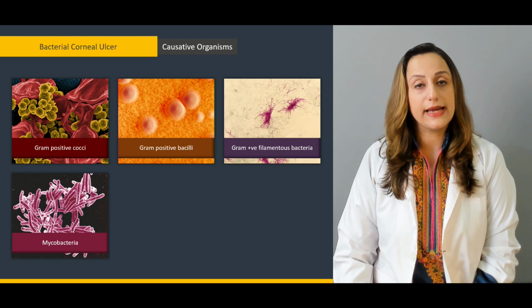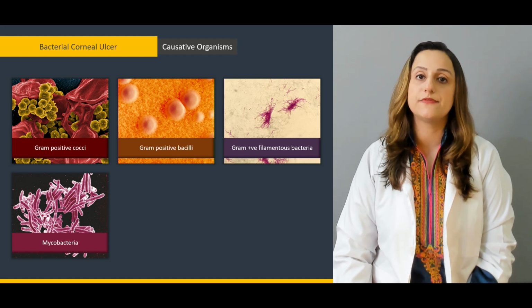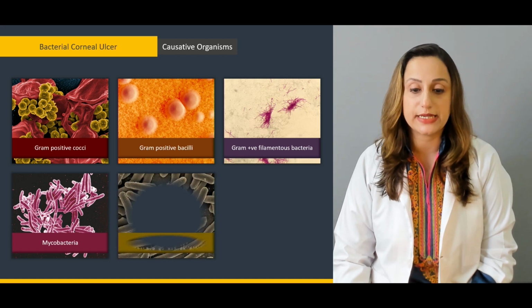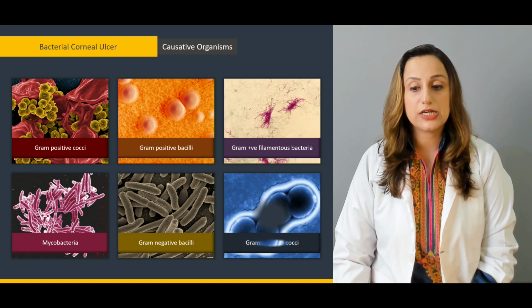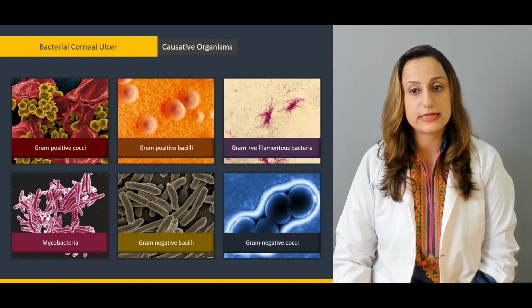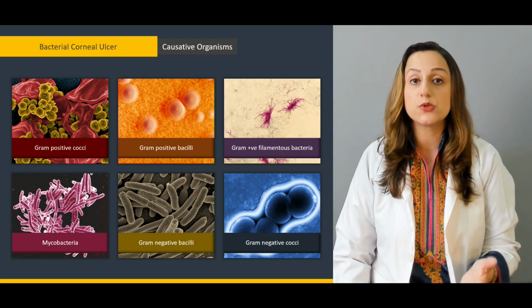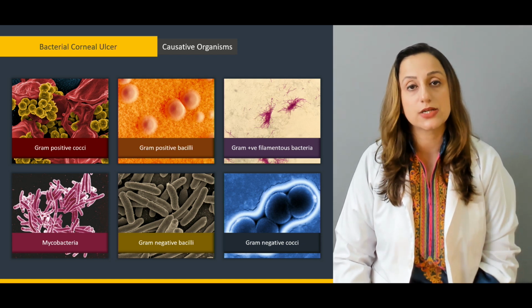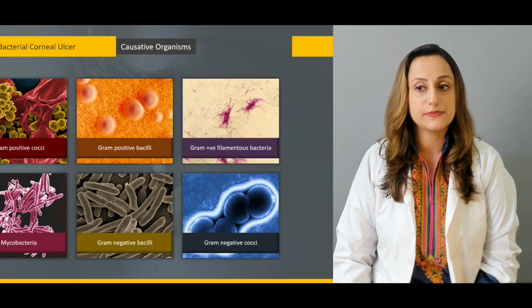And we have the mycobacteria as well, which can contribute towards the development of ulcerative keratitis. We have the gram-negative rods, and we have the gram-negative cocci as well. So these are the groups. As you can see, it is a vast variety of organisms that can cause ulcerative keratitis in these individuals.